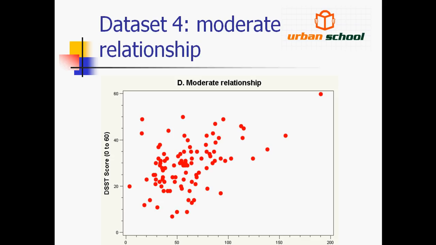So let's say we have this kind of values of y with respect to x. On the x-axis we have the vitamin D levels. On the y-axis we have DSST scores. Now we need to find a relationship between these two quantities.